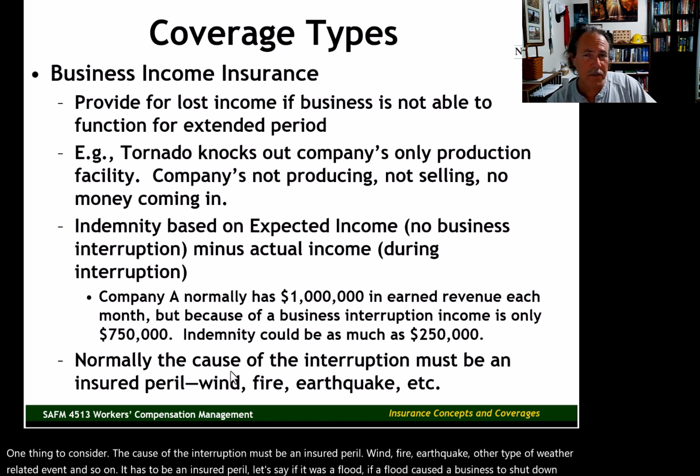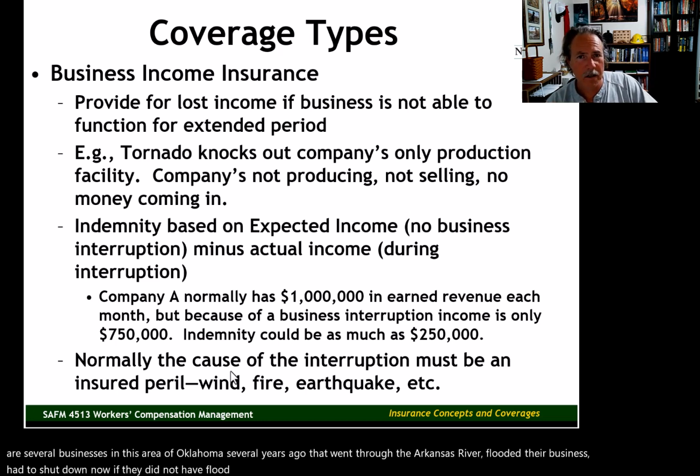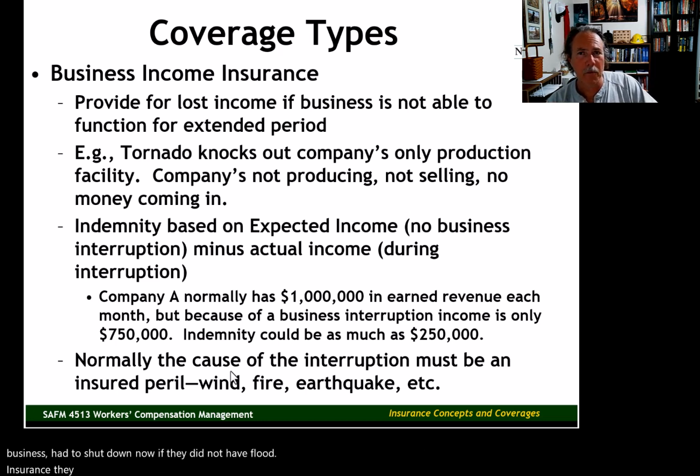There were several businesses in this area of Oklahoma several years ago that went through this. The Arkansas River flooded, their business had to shut down. Now, if they did not have flood insurance, they may not be able to recover any compensation because of business interruption due to those floods.